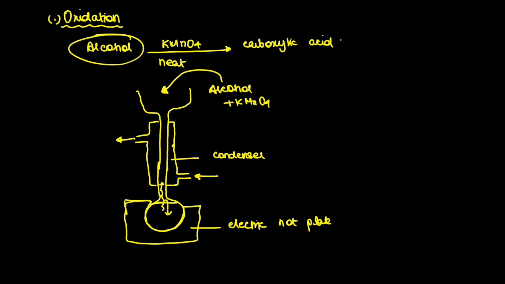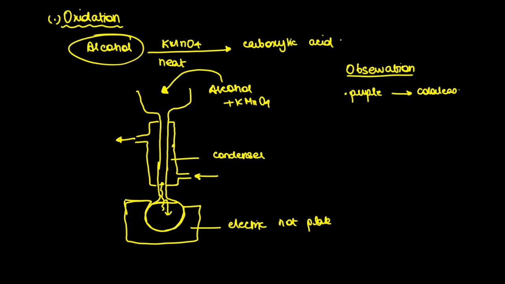So that's almost the whole of the process. And what will be the observation? The observation would be that potassium manganate turns from purple to colorless. That's the observation of the reaction.